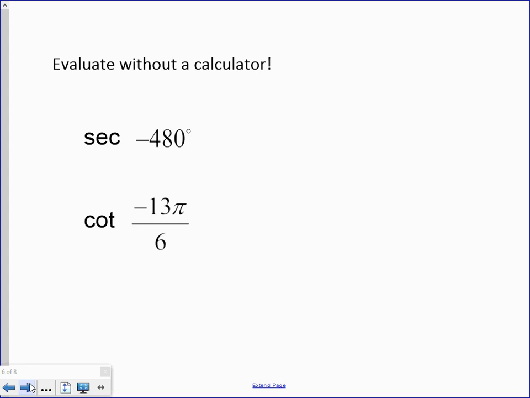How I think of it is 120 is like a third in thirds, and 60 is a third, so you know that you're looking at 60 degrees.